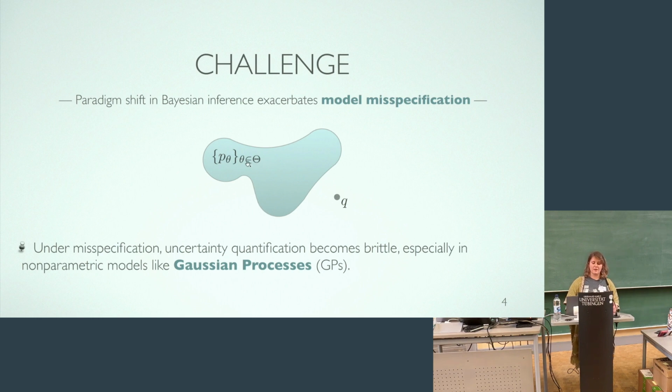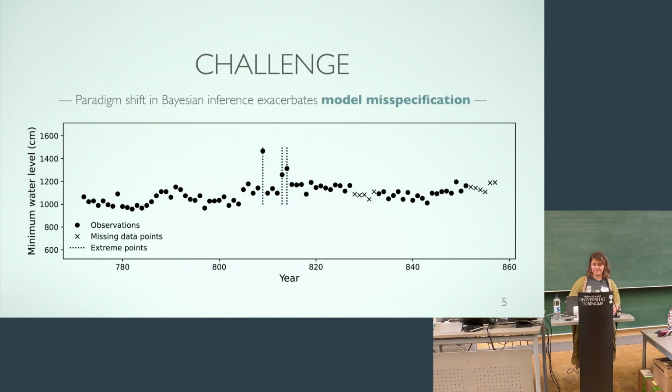There is no true theta 0 for which q is equal to p theta 0, which is, of course, what we would expect. Under this misspecification scenario, uncertainty quantification becomes brittle, especially so in non-parametric models like Gaussian processes.